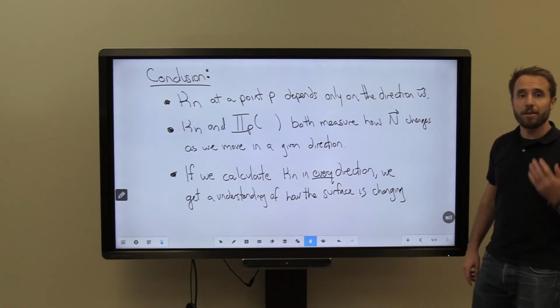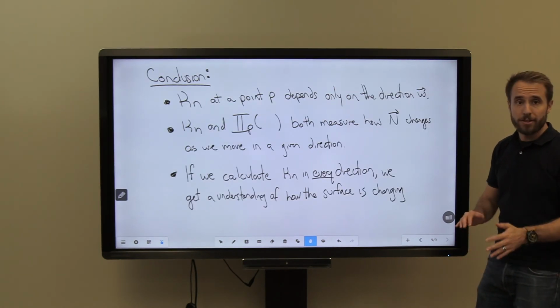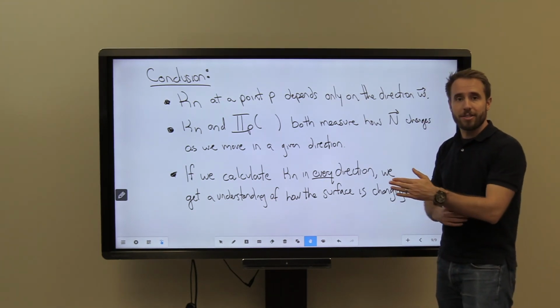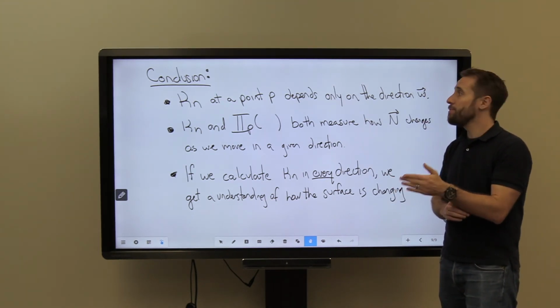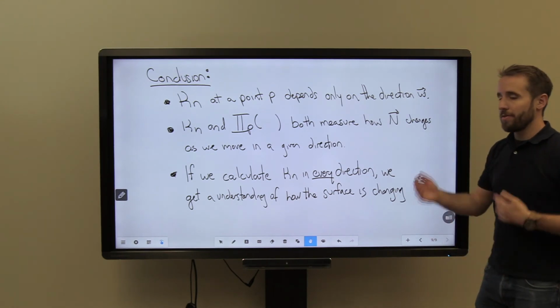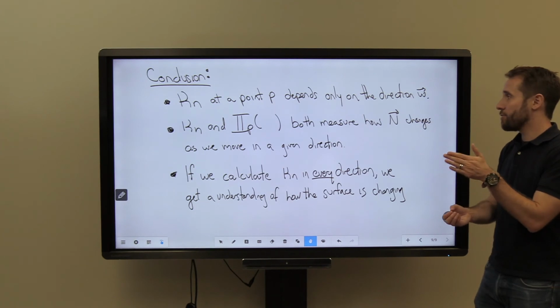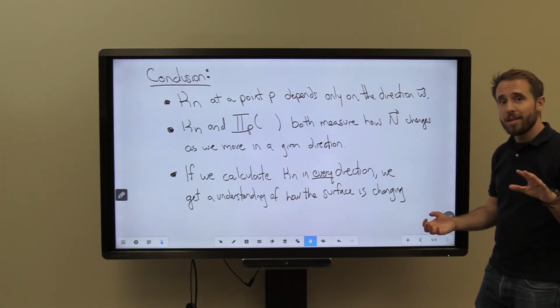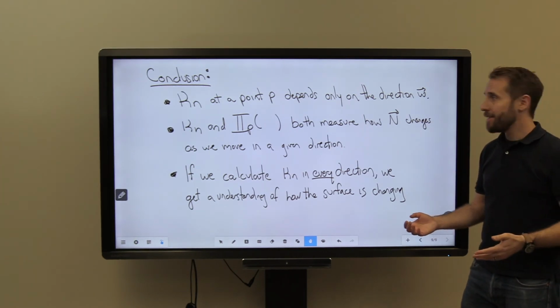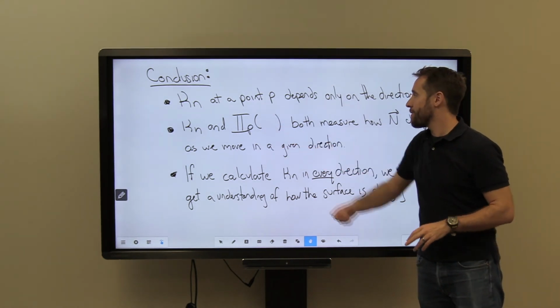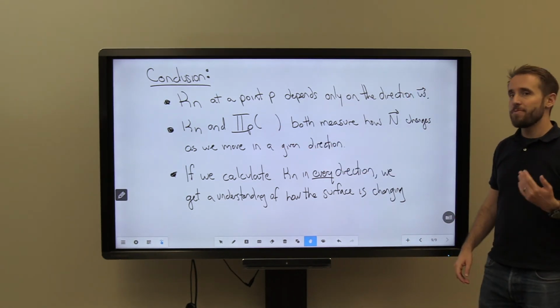So what can we conclude from all of this? First, the normal curvature at a point p only depends on the direction w that the curve was moving in, right? So all of that other stuff didn't really matter. It was just that direction. This also means that both kappa sub n and our second fundamental form are really measuring the same thing, right?